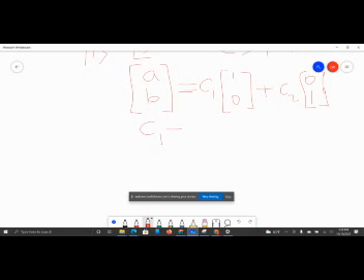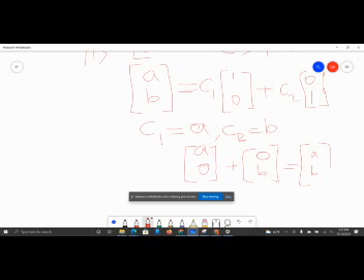So what we can do is say that C1 is equal to A and C2 is equal to B. If we try this out, you will get A times (1, 0) plus B times (0, 1), which is going to yield (A, B). So as you can see, this is a spanning set of C2, in that any vector in C2 can be expressed as a linear combination of these.